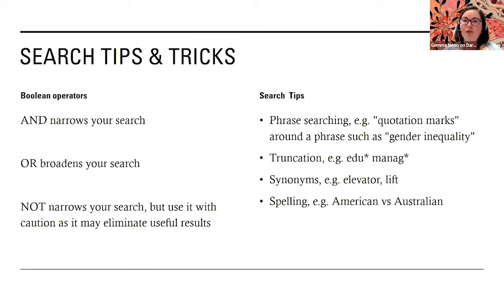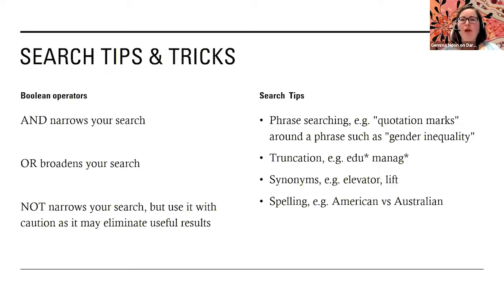Truncation, I've also mentioned before. It's very useful for quite a few different words that are topic specific, and you can work out as you look at your question whether or not you think there may be words that could benefit from using truncation. Keep in mind, though, that you don't want to combine these within the one search term.